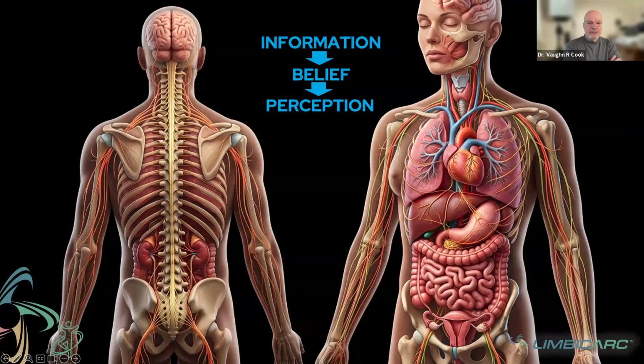I don't have to think about my digestive system. I don't have to think about my respiration. Honestly, I don't have to think about my beliefs, because all of that is ingrained in me at a subconscious level, and my perception is going to drive my behavior either in an acute way or in a chronic way.